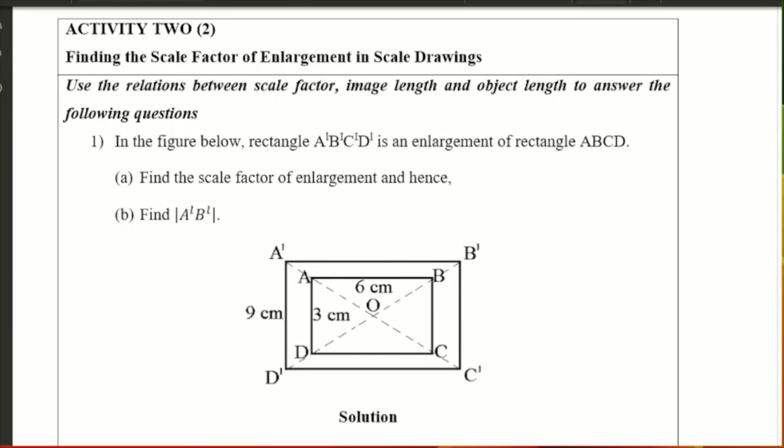Now in activity 2, there are various questions for you to try your hands on and solve. Questions involving finding the scale factor of enlargement in scale drawing. You may pause the video and solve each of the following questions.